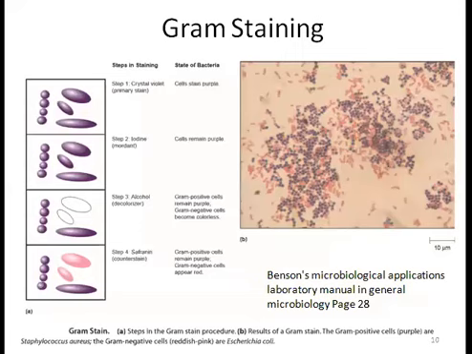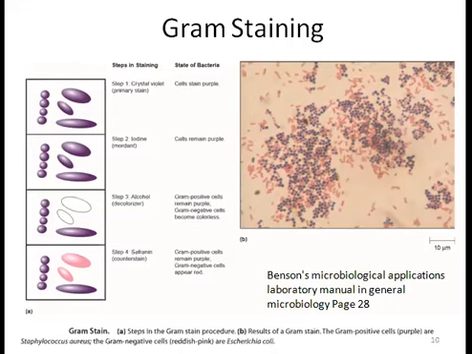Now we will study the Gram staining in detail. Here you can see in this picture, some bacteria show blue color and some show a pink color. The blue color represents that the bacteria gained the blue color from the crystal violet, while the pink bacteria are the Gram-negative bacteria which do not take in the crystal violet, and so they are seen in pink color.